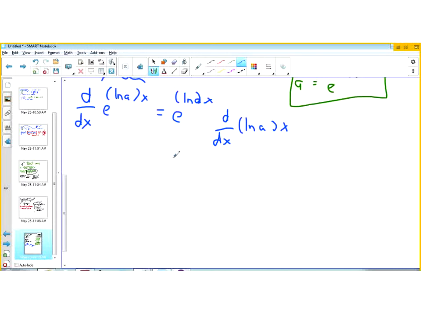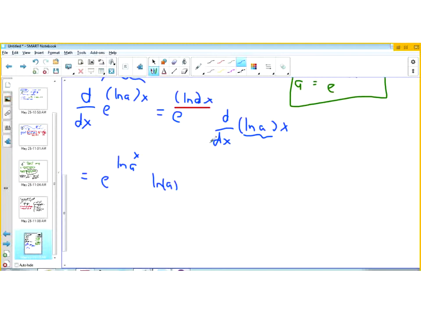Right? And so we'll go ahead and do a logarithmic contraction of this piece right here. We'll put it back, so this would be e^(ln(a)x), which is a^x. And this number right here, the natural log of a, that's just a number, so that comes out of the derivative calculation.